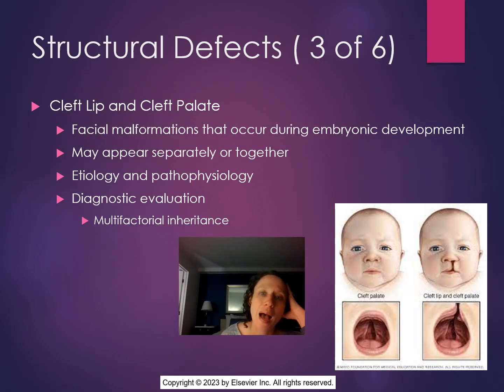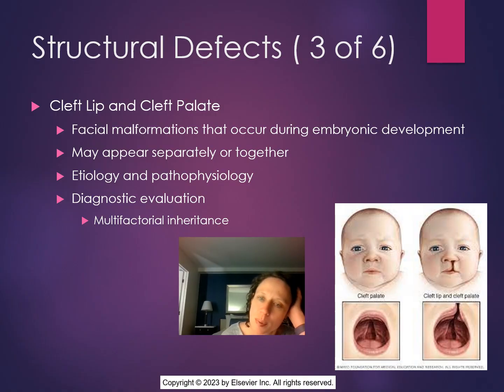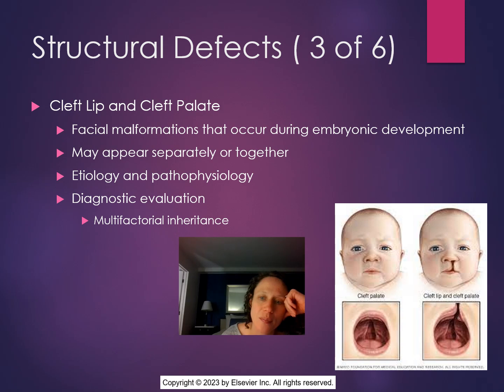Cleft lip and palate. We've talked a little bit about this, but they can have either a cleft lip and no cleft palate, or a cleft palate and no cleft lip, or a cleft lip and cleft palate. They can have a cleft palate in the hard part of the palate or in the soft part of the palate. All of that really depends on how well they are going to eat.